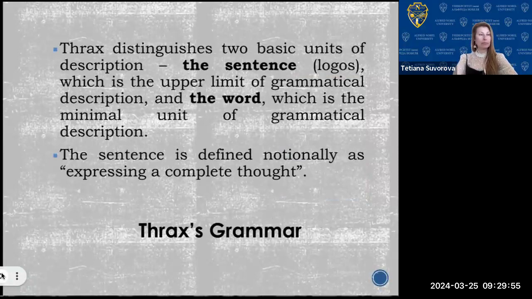Nowadays, it's the morpheme, because it has meaning, as I mentioned, and form and function, and that is why we can speak, in respect of grammar, about it as the minimum unit of grammatical representation, a grammatical system, in fact. So the sentence is defined notionally as expressing a complete thought. So nowadays nothing has changed since that time.